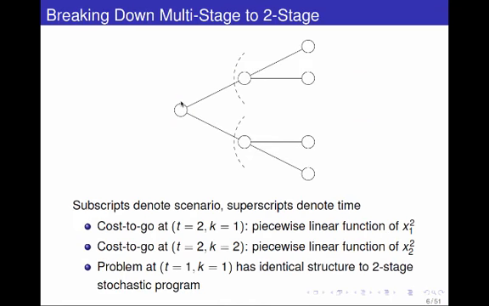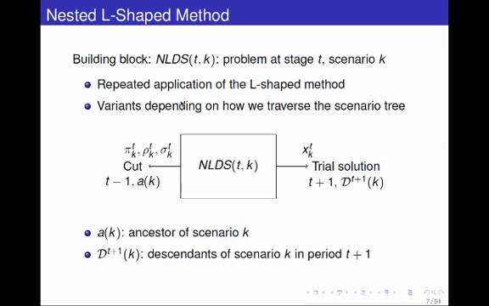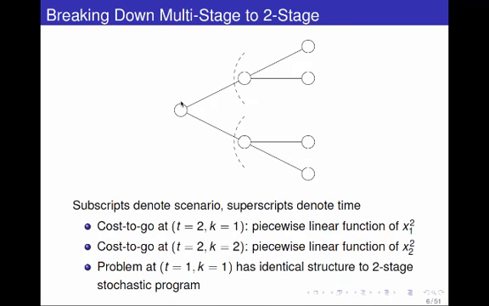So for example, the descendants in time period 2 of scenario 1, this guy, are 1 and 2. The descendants in period 3 of scenario 1, like I told you earlier, I'm numbering scenarios starting from top to bottom. So this guy is numbered 1, this guy is numbered 2, this guy is numbered 1, 2, 3, 4.